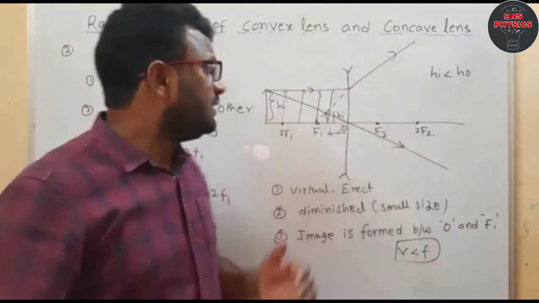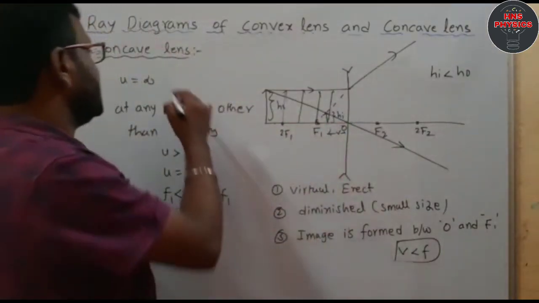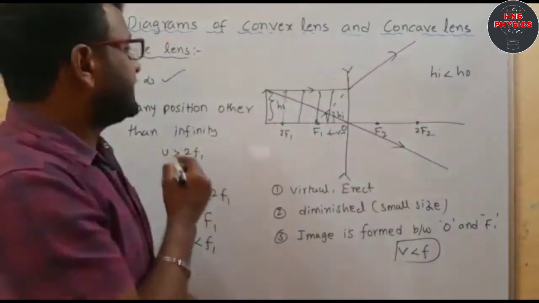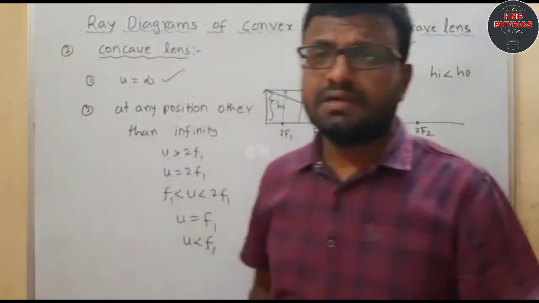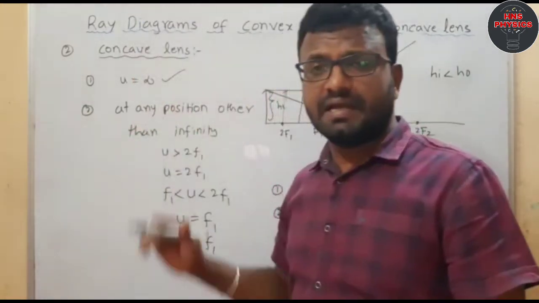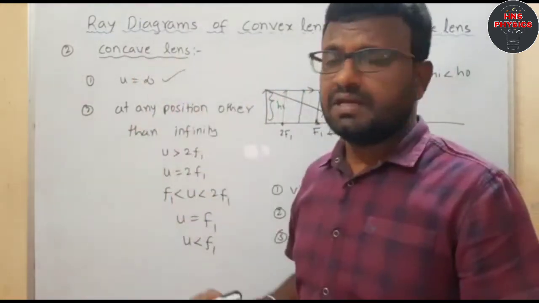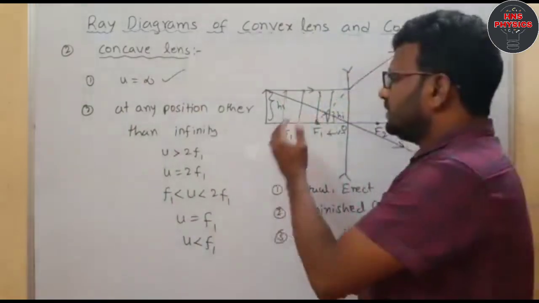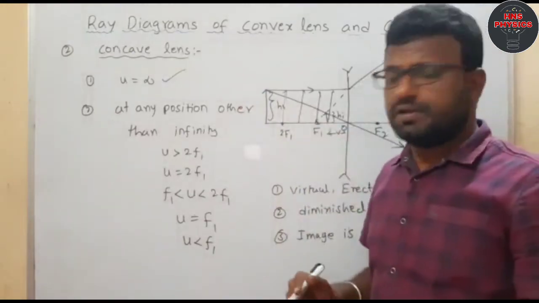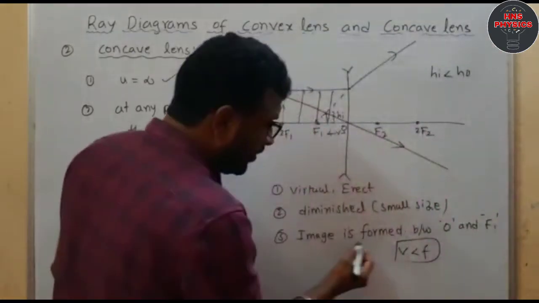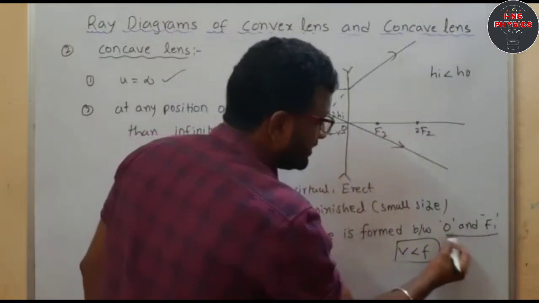So that means only when the object is placed at infinity, the image is formed at the focus. But in all remaining cases, wherever you place the object from the concave lens, at any position other than infinity, the image is formed between the optic center and the principal focus.